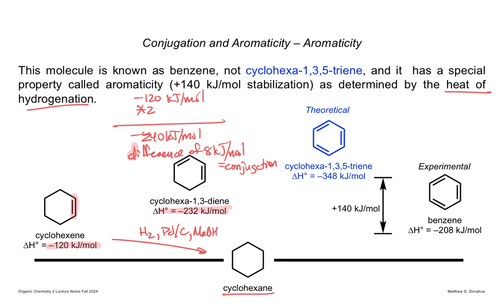And if we carry that logic further, in theory, negative 120 times 3 should be negative 360. But if we consider some stabilization by conjugation, that reduces it a little bit to negative 348. So the difference between negative 360 and negative 348 would be the conjugation stabilization.